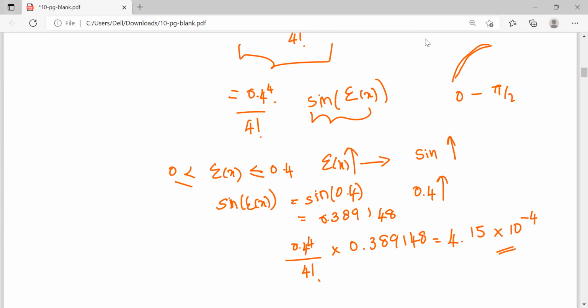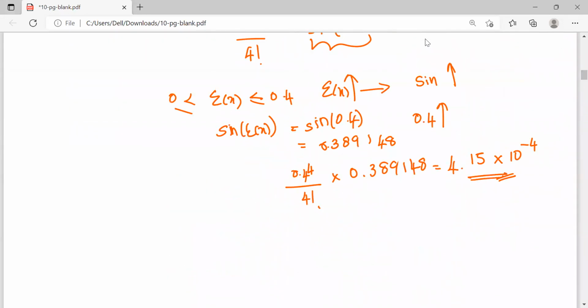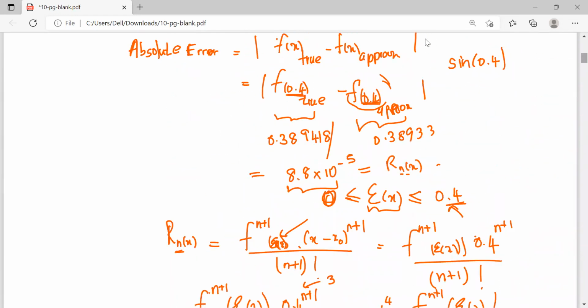Remember, this is the maximum absolute error which can happen when you calculate the value using the third order Taylor polynomial for sine 0.4. If you want, you can check whether this is a higher value than the actual error.